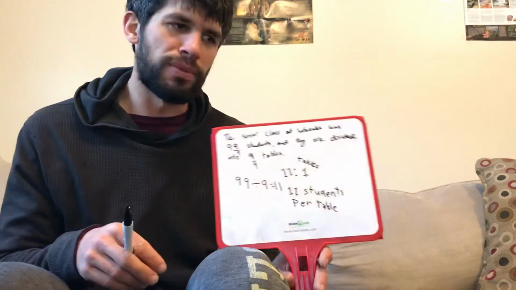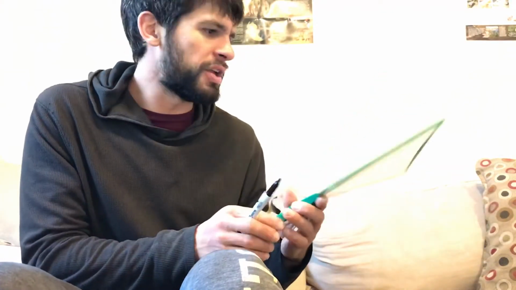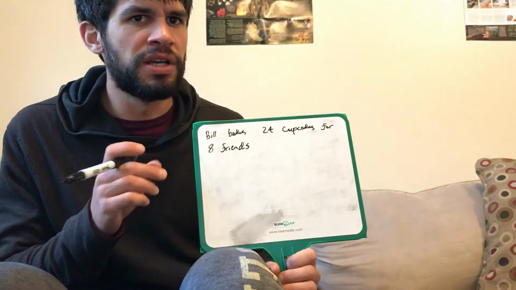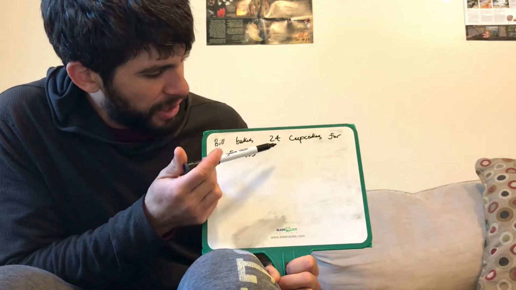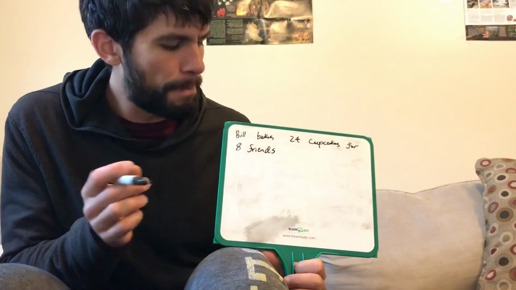And while we're here, let's do one more. Suppose Bill, he's a good cook, he's going to bake some cupcakes. Bill bakes 24 cupcakes for 8 friends, and we're going to assume each of the friends gets an equal amount.